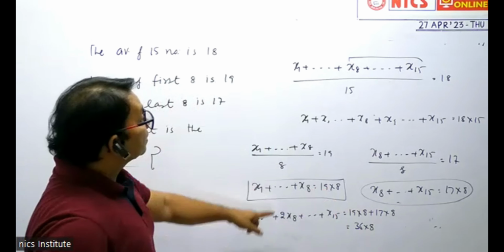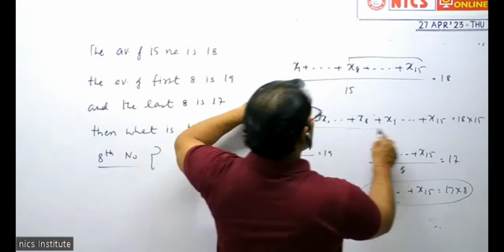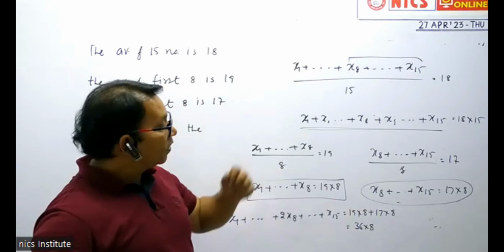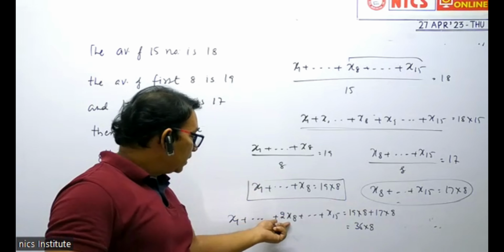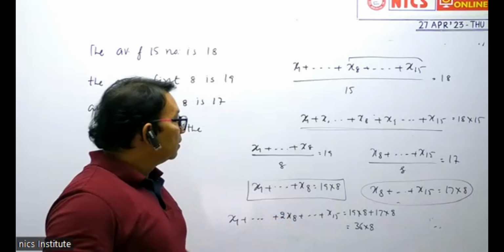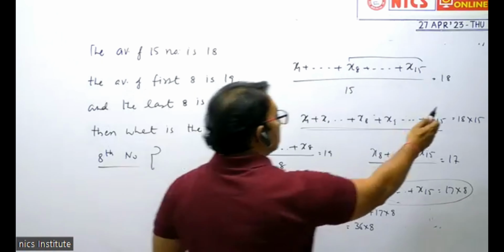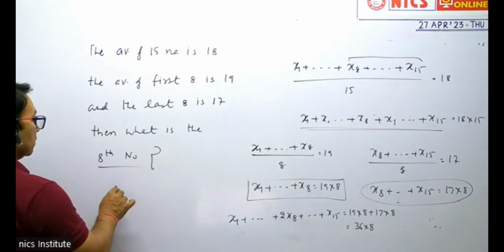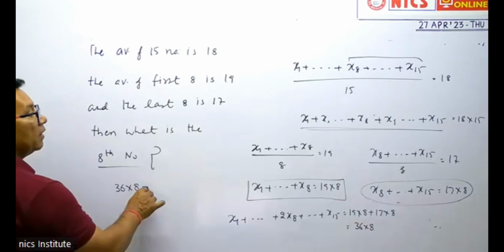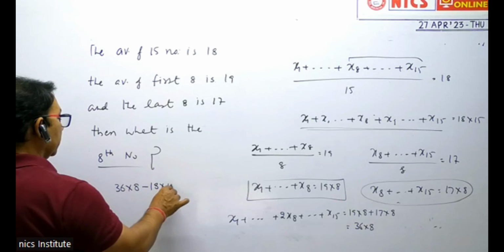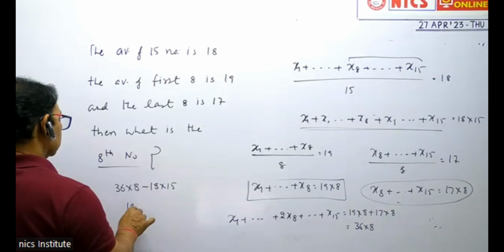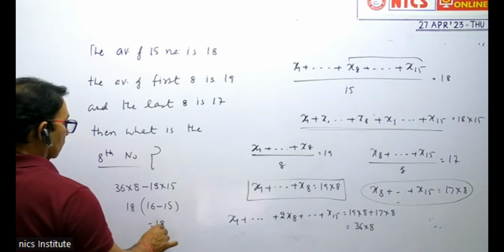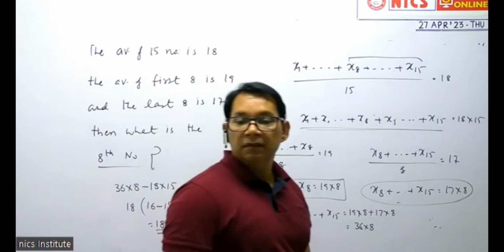From this, if I subtract the sum of all 15 numbers, only x8 will be left, because here you have 15 numbers whereas there you have 16 numbers. x8 is counted twice, so you subtract and get your answer. The required answer is 36 into 8 minus 18 into 15. The answer is 18. Anjana, correct.